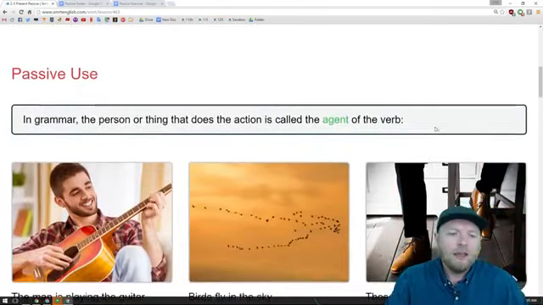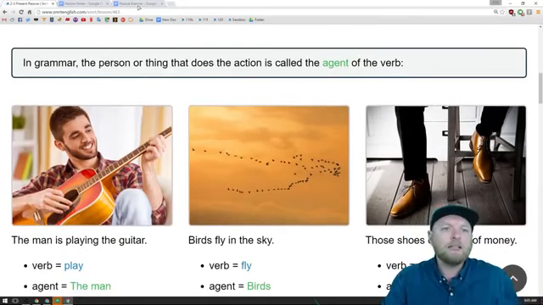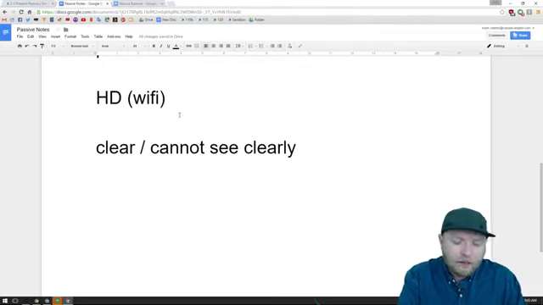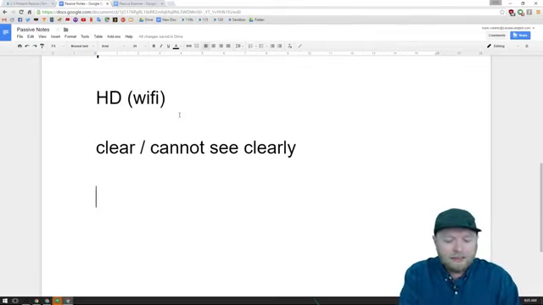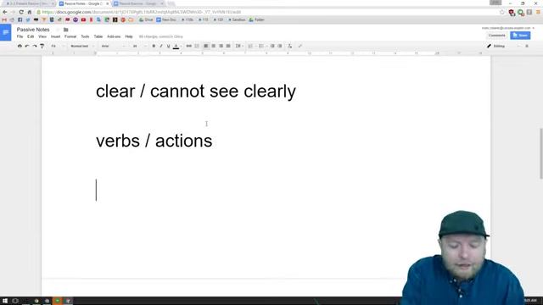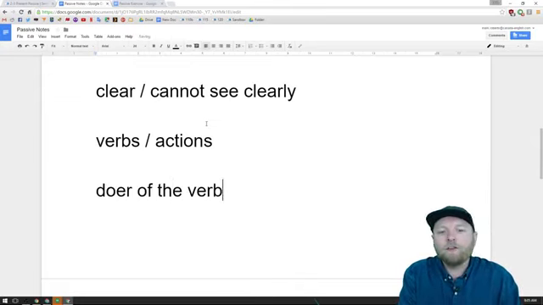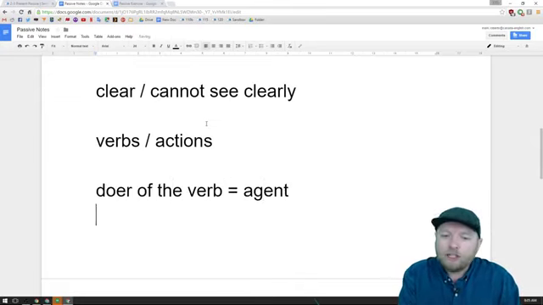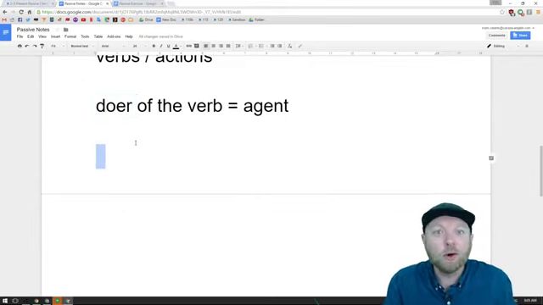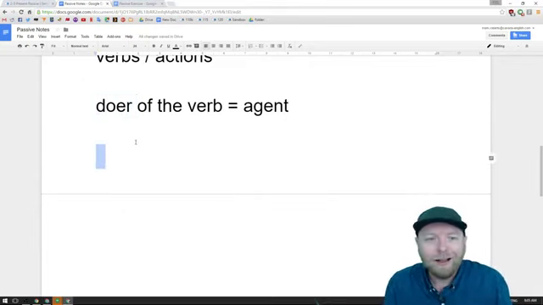I always tell my students that in English or any language, when you're thinking about verbs or actions, the doer of the verb is the agent. What is the doer of the verb?